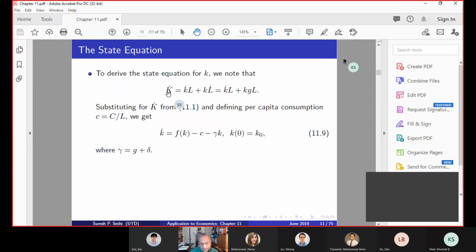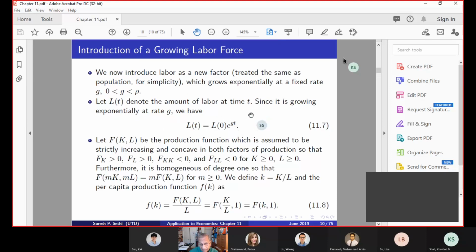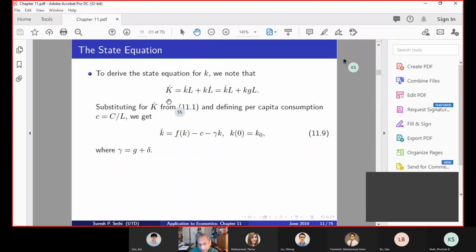So I take k dot, and I get K dot over L plus K times the derivative of 1 over L, L dot. And L dot is G times L from this formula, because L is growing at the rate G. And I can substitute for K dot from 11.1.